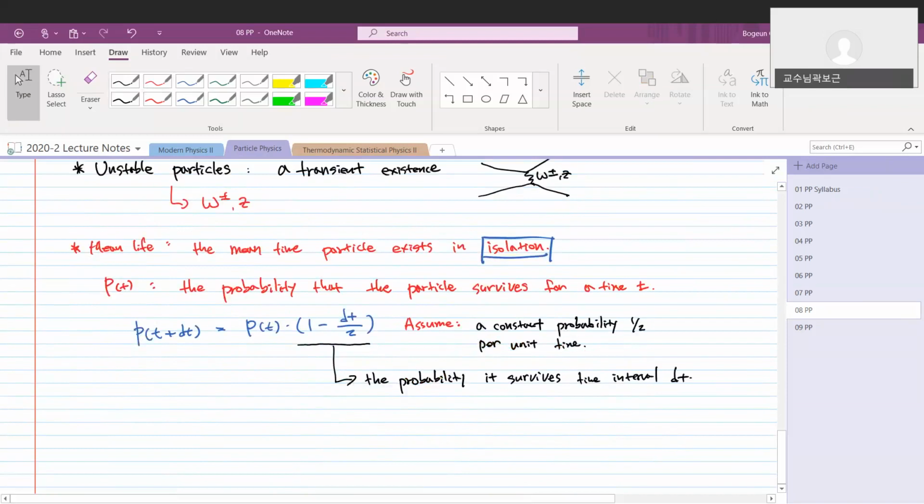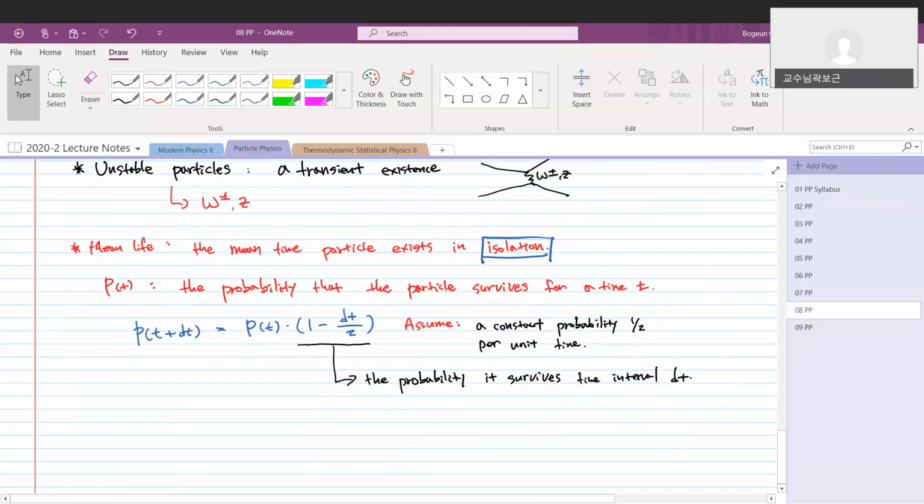To calculate the mean life, we define a function of time t, defined as the probability that the particle survives for time t.